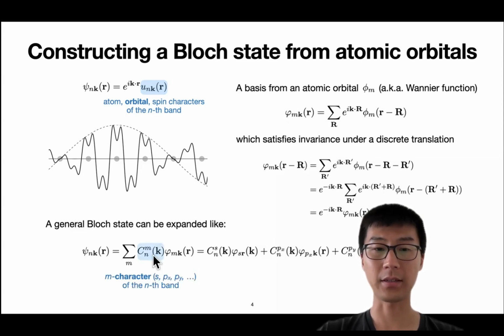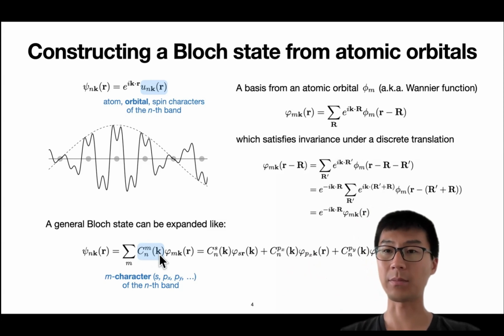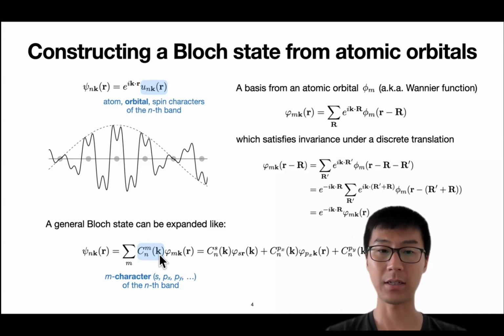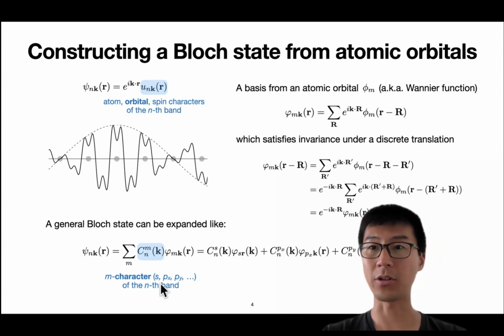By the way, this coefficient C_mn is called the m character of the n-th band. The weight of this coefficient is what we refer to when we say this band has 50% s character or 20% px character, like that. This is one terminology that you must learn, and you will encounter a lot in many papers.